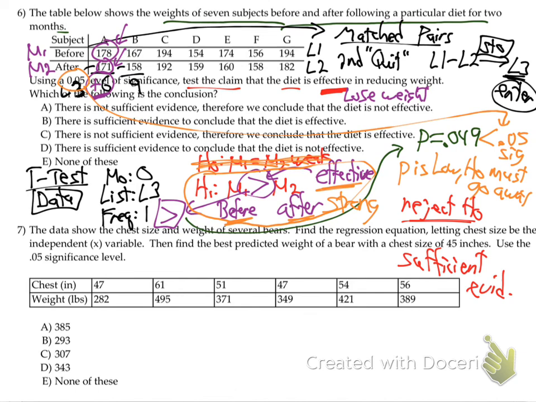Right? Reject the null, H0 must go away. Reject the null, sufficient evidence. The diet is effective, right? Effective diet, before weight is greater than the after weight. So there is sufficient evidence to conclude that the diet is effective. There it is. There we go.